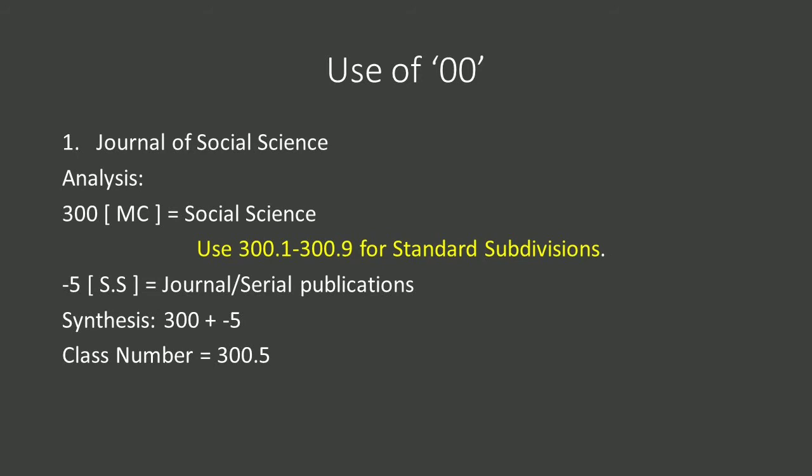So in this case, the synthesis will be 300 for social science plus -5 for journal. Actually, the notation for journal is -05, but I have removed the 0 because of the instruction here.